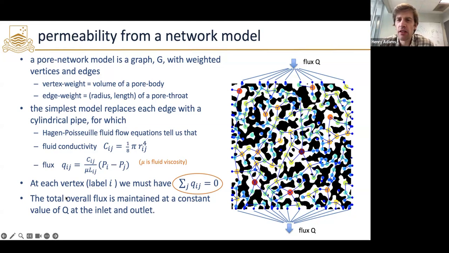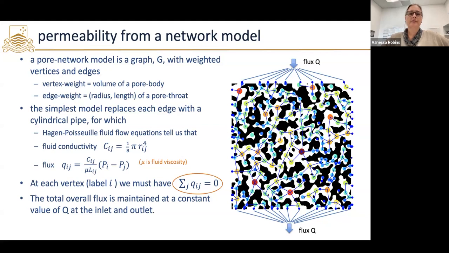Vanessa, can I ask a question? Yeah, go ahead. So the vertex weights do matter in this model, is that right? No, they don't.